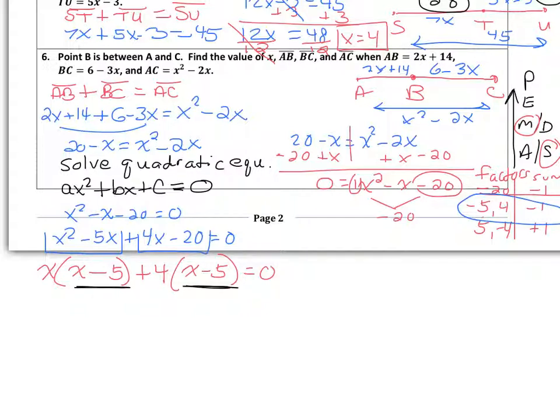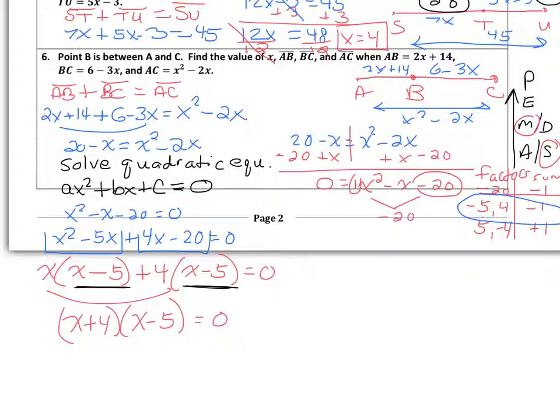Both x and positive 4 are multiplying the same expression. So we can further simplify this as x plus 4 multiplying x minus 5, because both of those quantities are multiplying that term x minus 5.